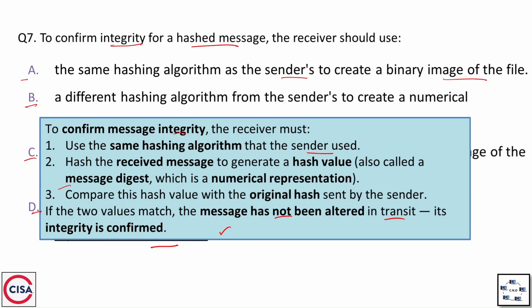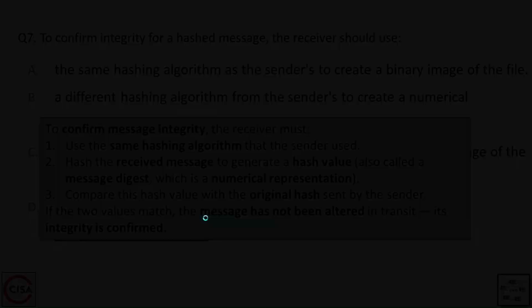Hash the received message to generate a hash value, also called a message digest, which is a numerical representation. Compare this hash value with the original hash sent by the sender. If the two hash values match, the message has not been altered in transit and its integrity is confirmed.